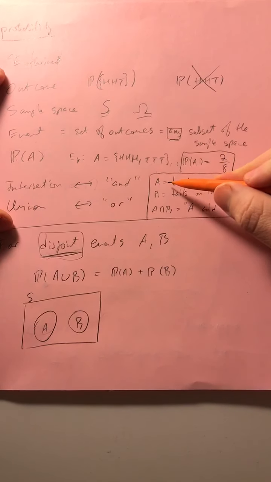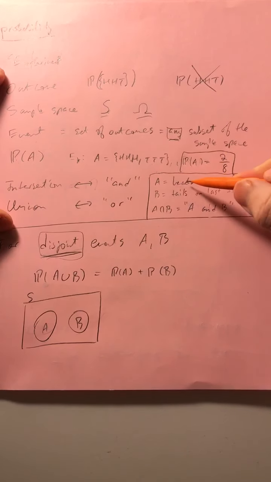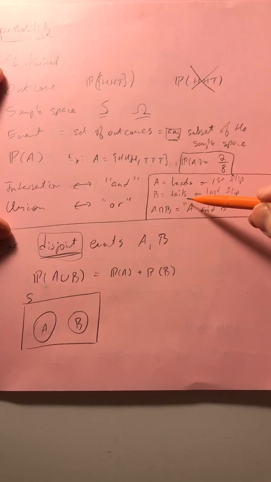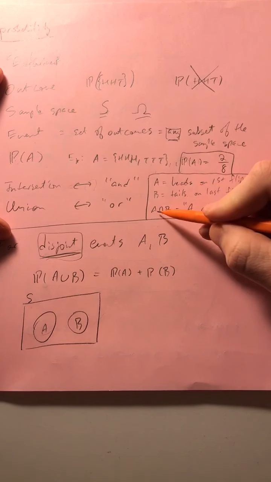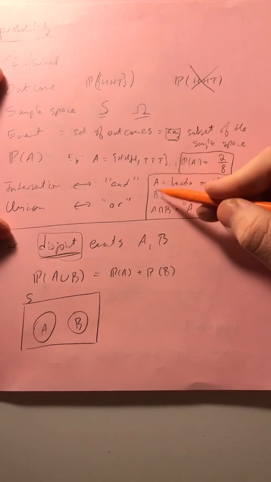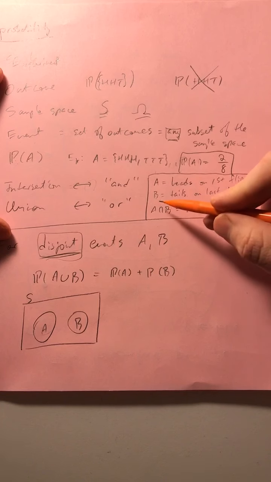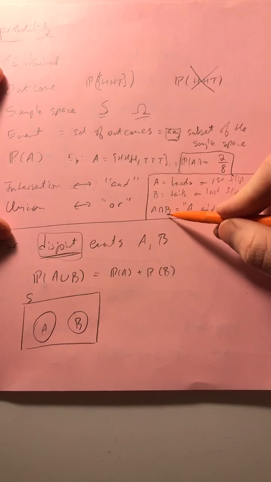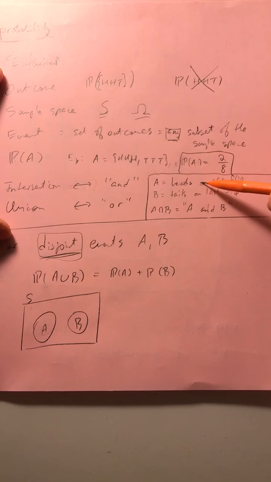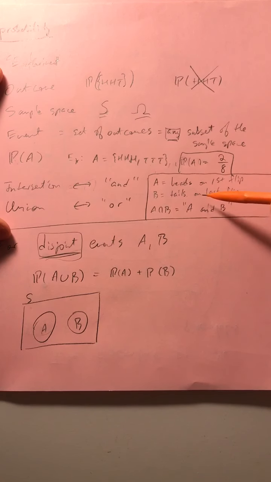If I say A is the set of all outcomes where I observe heads on the first flip, and B is the set of all outcomes where I observe tails on the last flip, then A intersection B is the set of all outcomes which are in both of these sets, which means A intersect B is the set of all outcomes where I observe heads on the first flip and tails on the last flip.